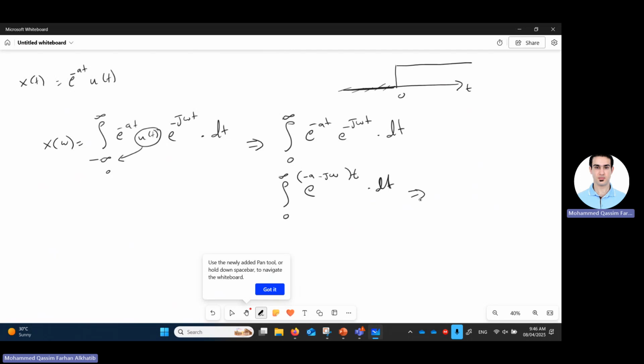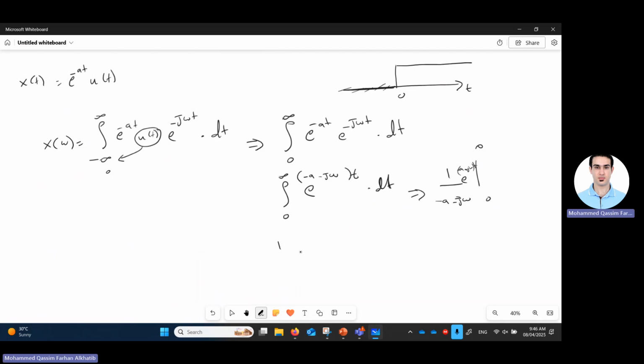And that will lead to what? 1 over negative a minus j omega, from 0 to infinity, of e to the power negative a minus j omega, times t. All right, so we can substitute.